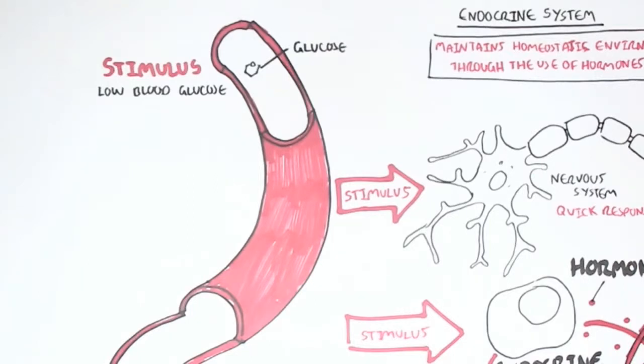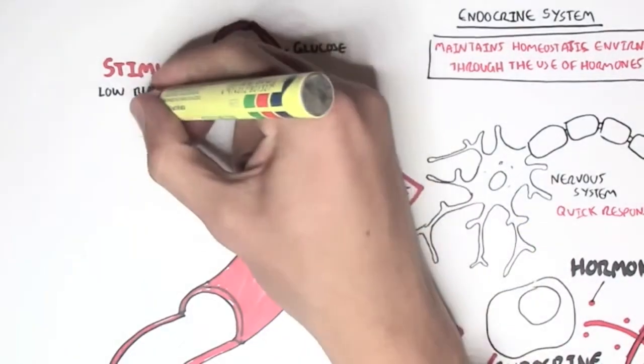Glucose is a source of energy for tissues in our body. So low blood glucose is a stimulus, and the body will have to try to fix this to maintain homeostasis. So it will try to increase blood glucose levels. And this is when the endocrine system kicks in.